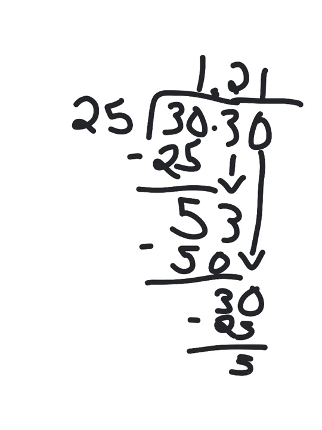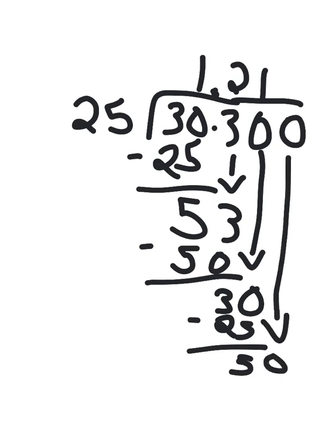Then you have to add another 0, drop it down, making that 50. And 25 goes into 50 twice. And you are done. So we have solved 3.03 divided by 2.5. The answer is 1.212.